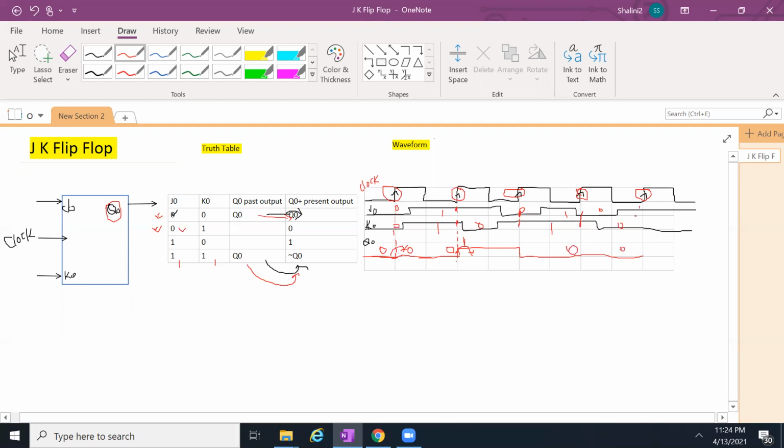At this positive edge of the clock, J0 is 1 and K0 is 0. In this condition, when J0 is 1 and K0 is 0, this value will come to Q0. So in this condition we will get 1.